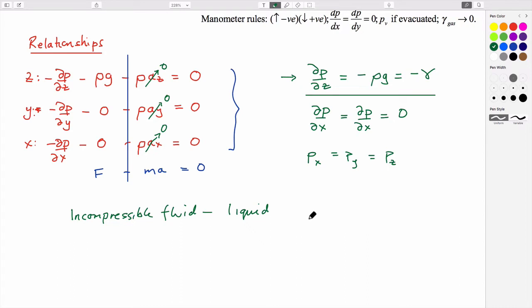We can write it merely as dP is equal to minus unit weight dz. We can integrate both sides if unit weight is constant, and we end up with P is equal to minus gamma z plus a constant.